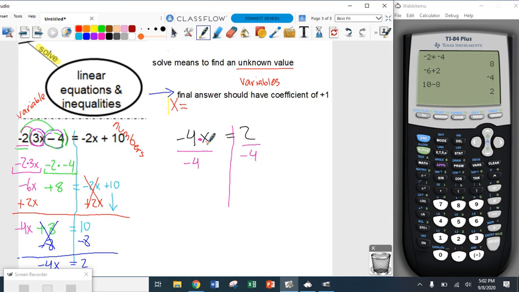Negative 4x divided by negative 4. Those 4's cancel, and I'm left with positive 1x. And then on the right, I have 2 divided by negative 4. That gives me negative 0.5.